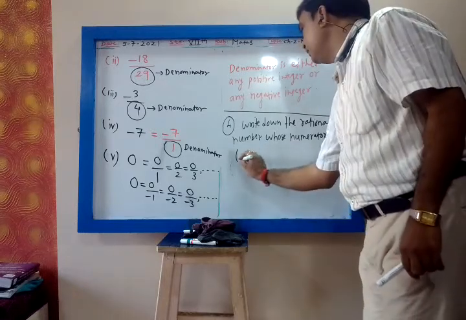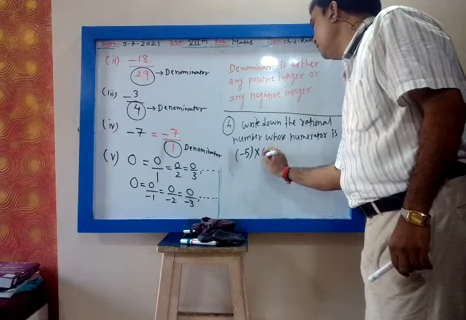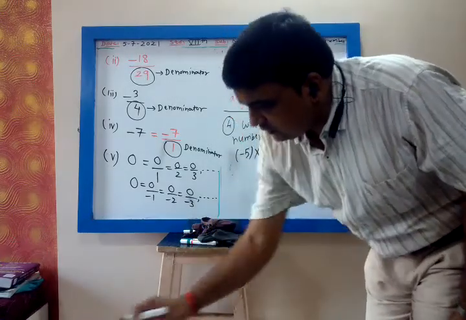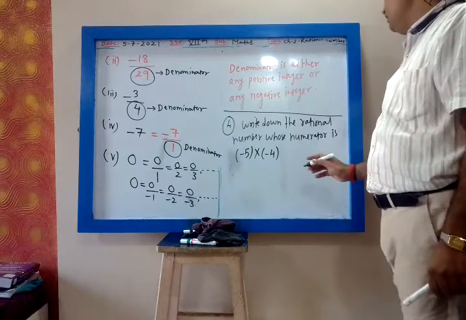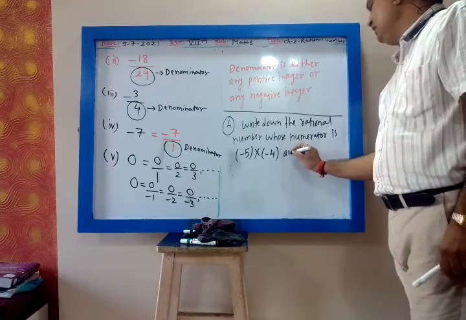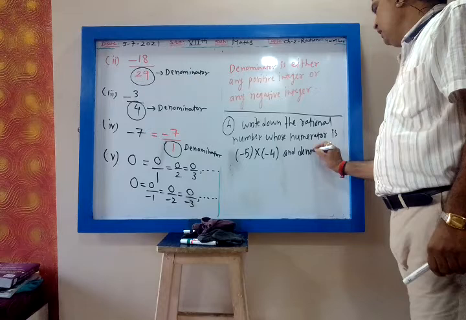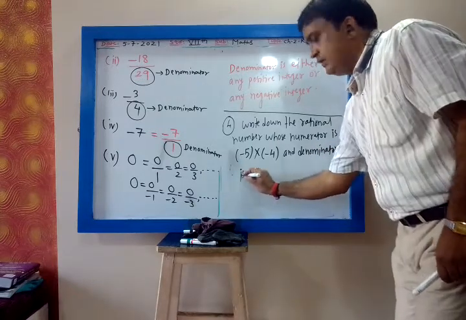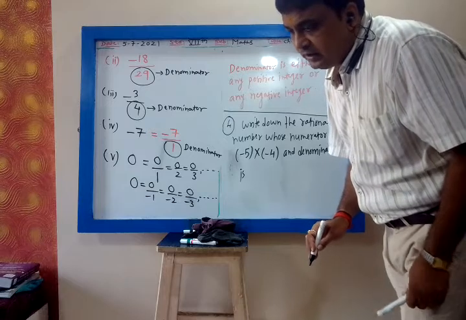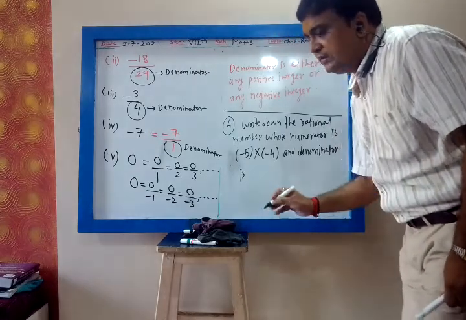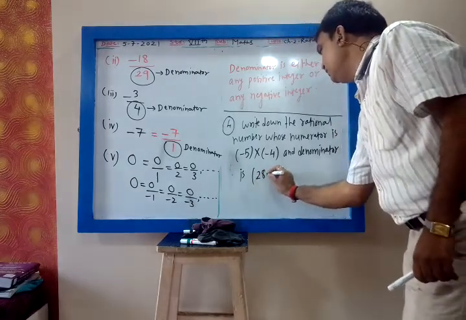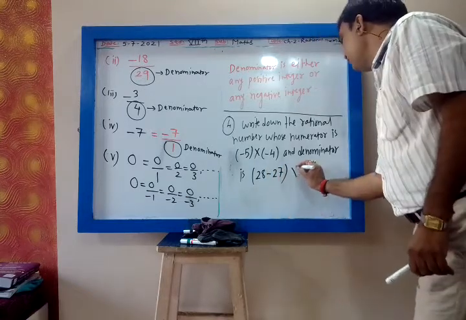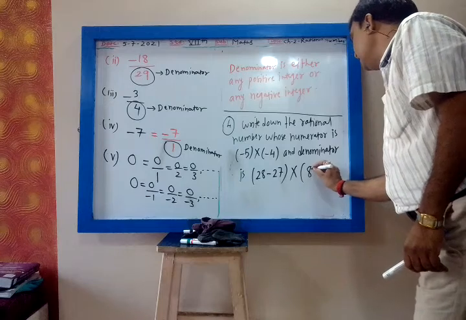Write down a rational number whose numerator is minus 5 into minus 4 and denominator is 28 minus 27 in parenthesis, multiplied by 8 minus 5 in parenthesis.